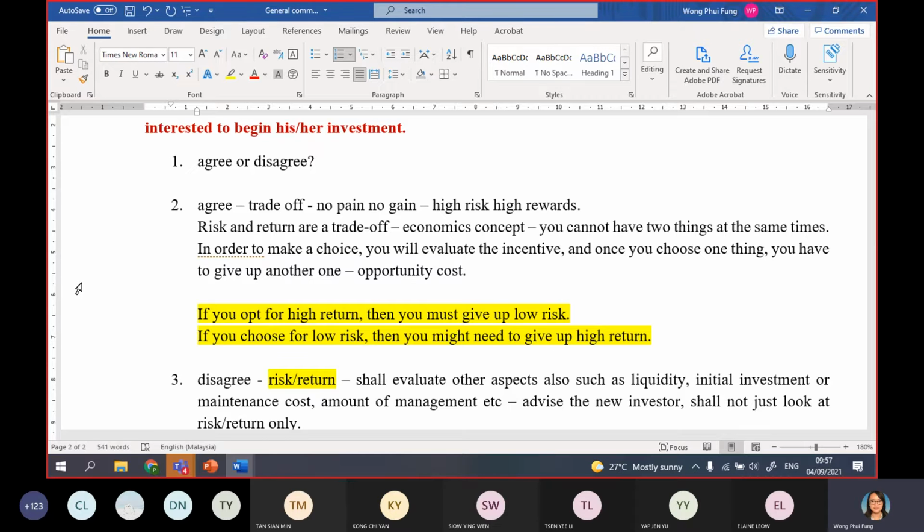You cannot just think about risk and return only. You have to think about your affordability, liquidity, amount of management, initial investment and so on. Do you have the knowledge or not to invest in shares? So when beginning any investment, we shouldn't just think about risk and return. There are other aspects worth considering. That is the best advice for a new investor.